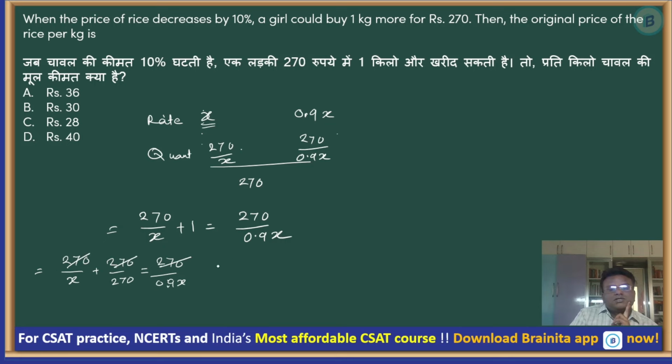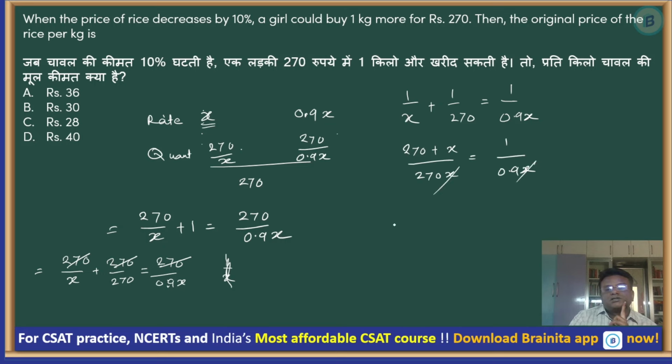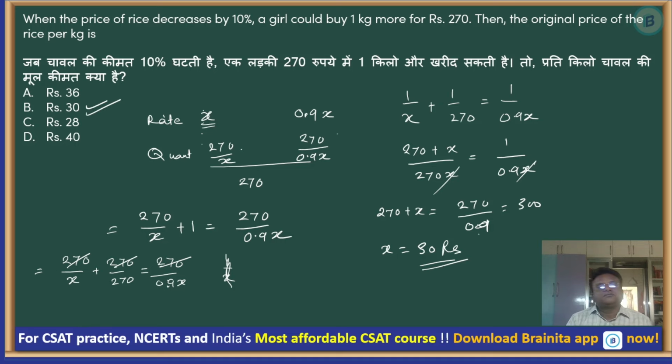Okay, so it gives me 1 by x plus 1 by 270, that is 270 plus x, cancel this x, 20 plus, so this gives me 900 is equal to 300 minus 2, the same answer, 30.